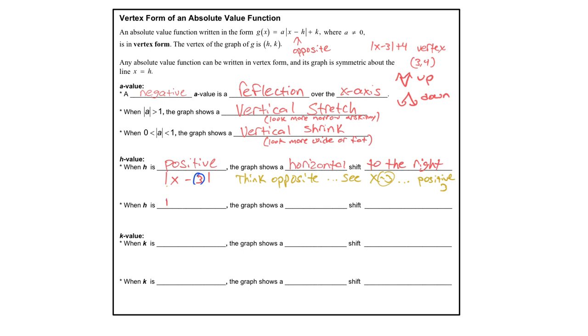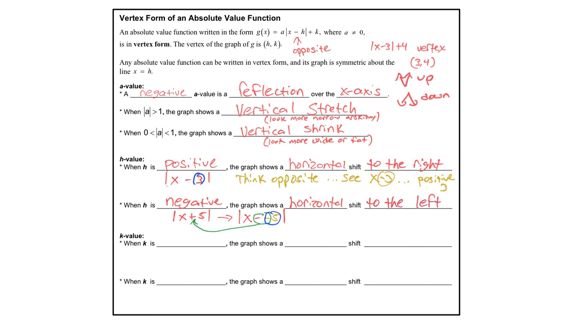If the h value is negative, I'll give you an example of what that looks like. That is like an x plus 5. What happens is that's because we had an x minus a negative 5. Okay, and two negatives make a plus sign right there. So my h value here is a negative. That will show a horizontal shift to the left.